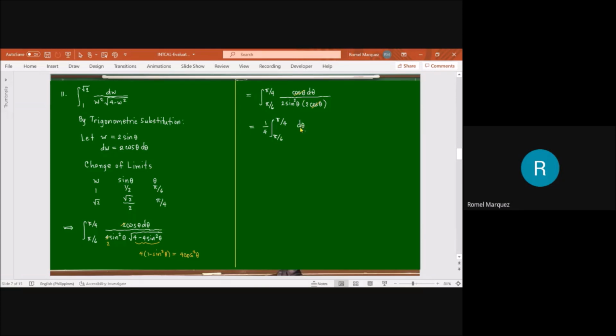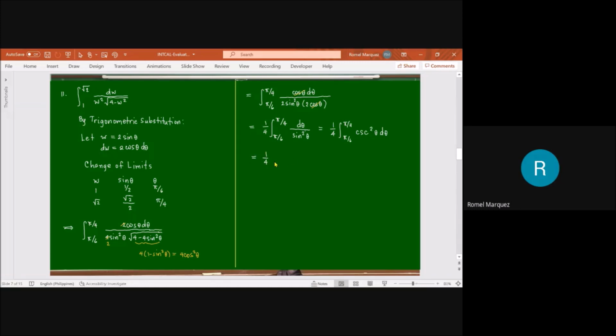Sine squared. Do you know what 1 over sine squared is, guys? That is 1/4 integral of cosecant squared theta evaluated from pi over 6 to pi over 4.